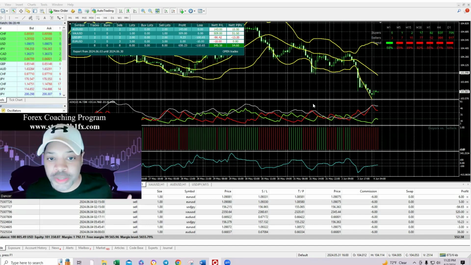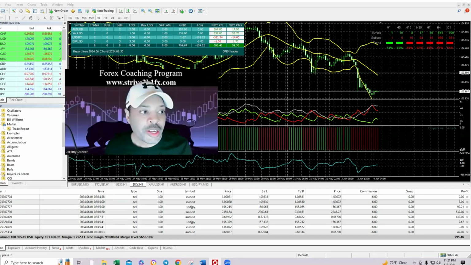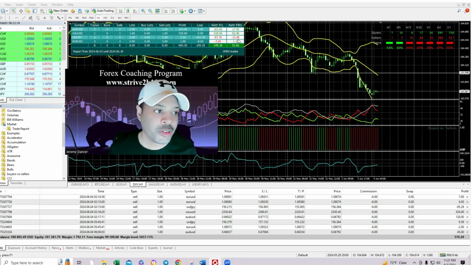And this is an awesome time to be trading Forex. We're getting rid of all that shady junk that was clouding the market with all these prop firms. And quite frankly, this is awesome. So just looking at my trades here, this is pretty cool. You can see here, currently up 59 or 60 pips. And the worst trade right now is only negative 13 pips, which is phenomenal.